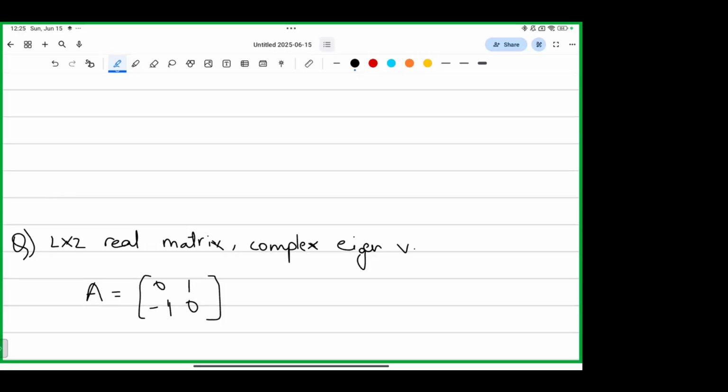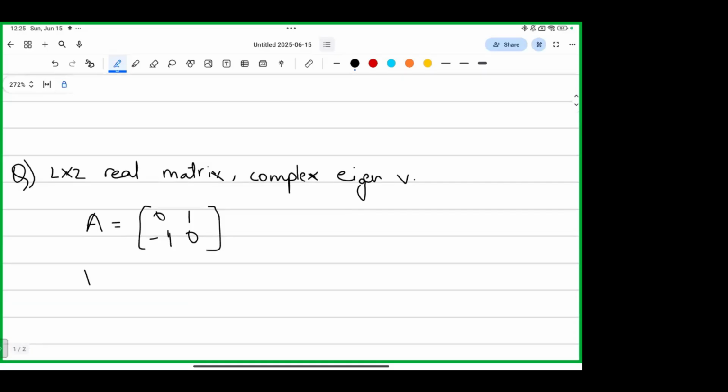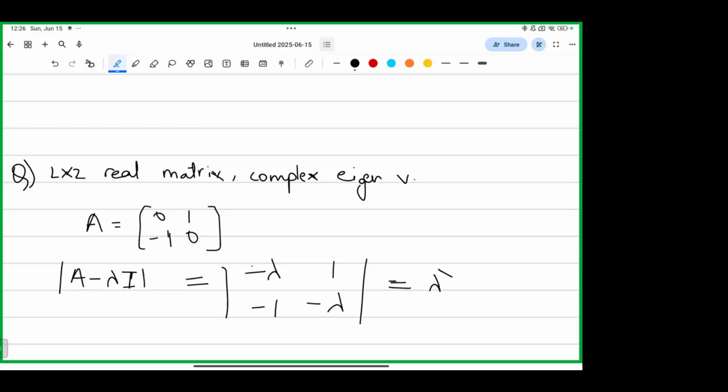What are the eigenvalues? So I would have to calculate that using the characteristic polynomial, determinant of A minus lambda I, which will be equal to minus lambda, and then 1 minus 1, lambda square plus 1 equal to 0.